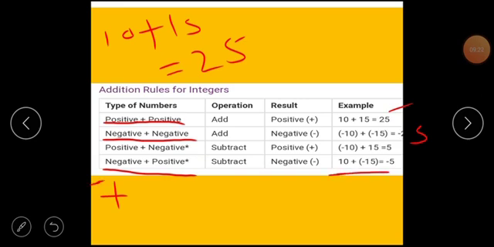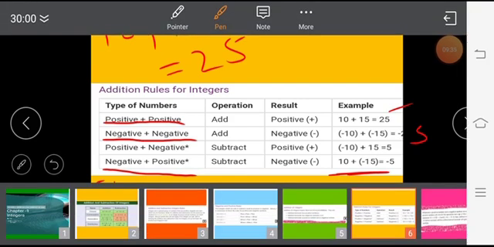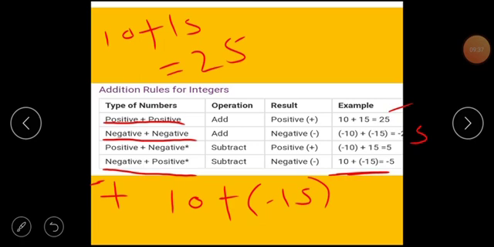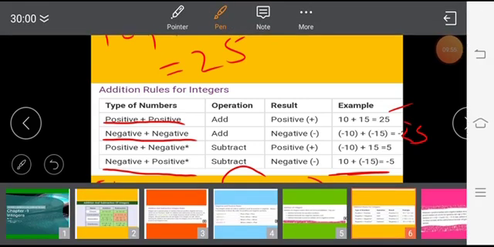Look at the example. I am taking plus 10 and the other number is minus 15. So I am doing the sum of these two numbers: 10 plus minus 15 will be minus 5. So you will get minus 5 as the answer.